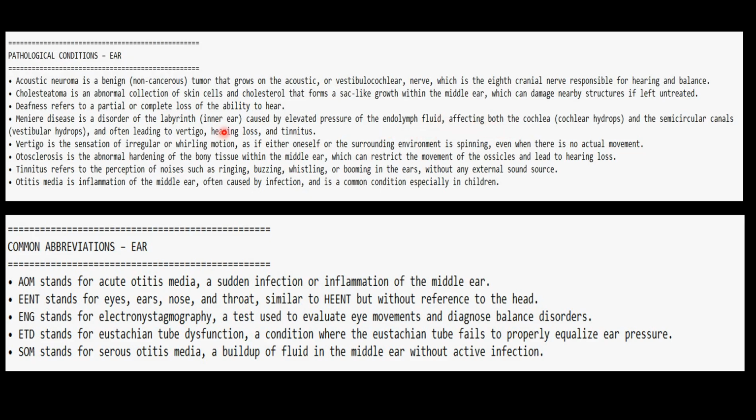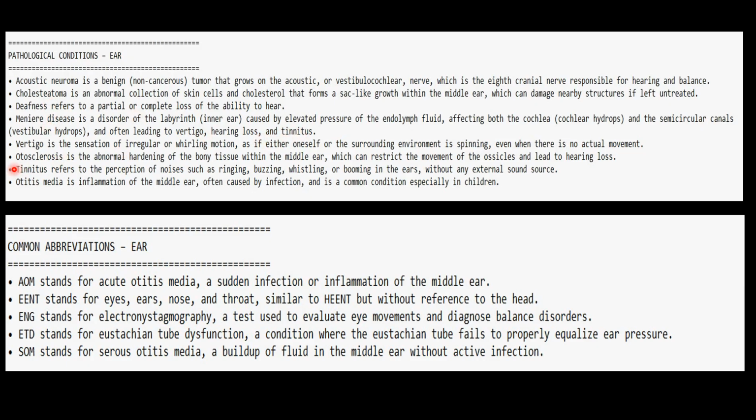The condition is a disorder of the labyrinth caused by the elevated pressure of endolymph fluid, affecting both the cochlea and the semicircular canals, and often leading to vertigo, hearing loss, and tinnitus. So it could cause these three things. Vertigo, hearing loss, and tinnitus; we'll discuss what they are.